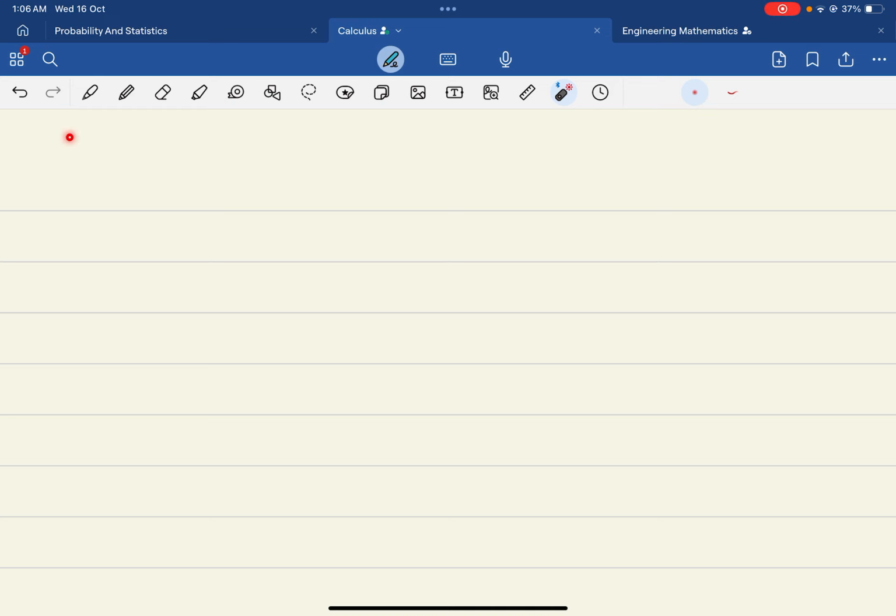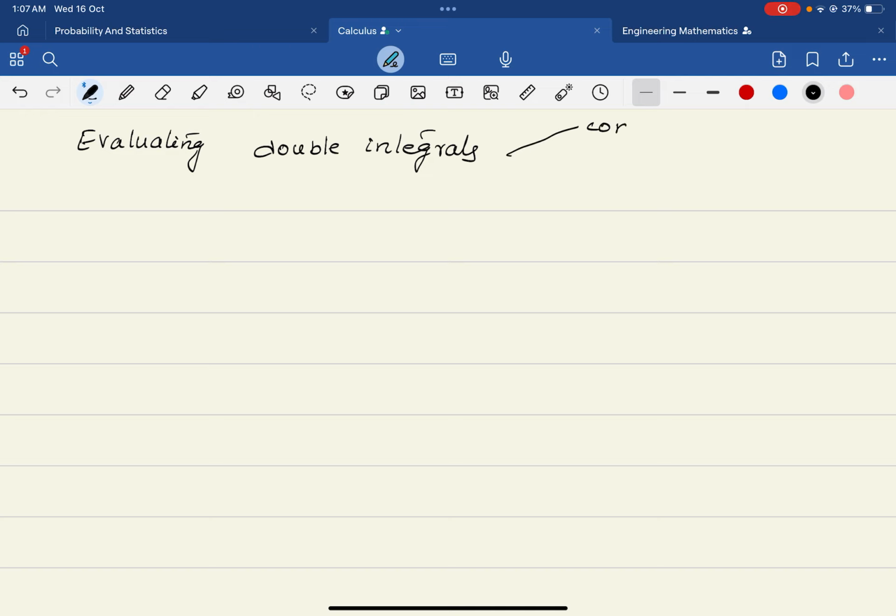Evaluating the double integrals with constant limits is one part, and with variable limits also we will do. But in the present class I am going to do it with the constant limits.